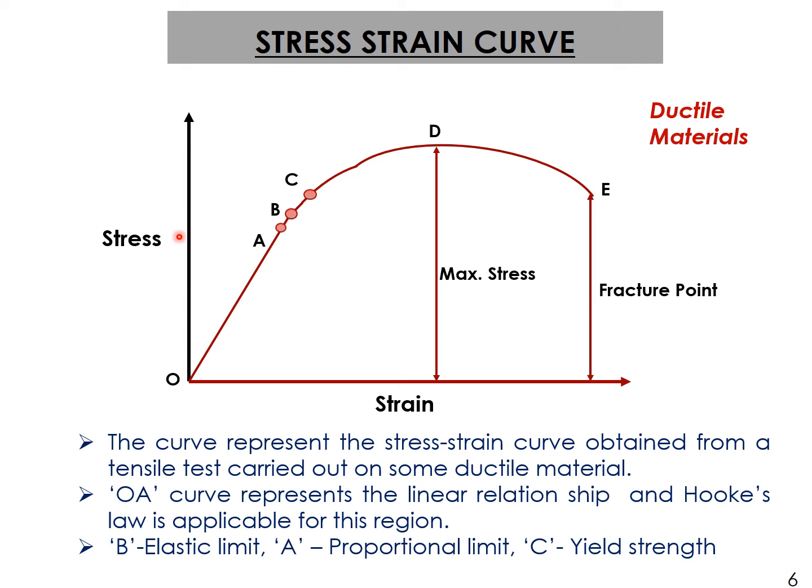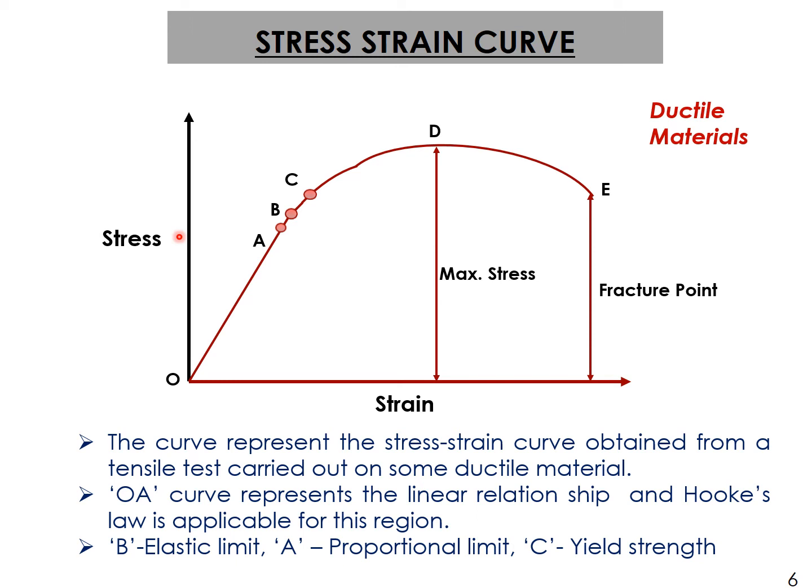Then what is point A? If B is the elastic limit, what is point A? As I told in the previous slide, there are issues with the measurement of strains because it is not possible to have such sensitive equipment. So it has been proposed by academicians and researchers that the elastic limit is replaced by a proportional limit.